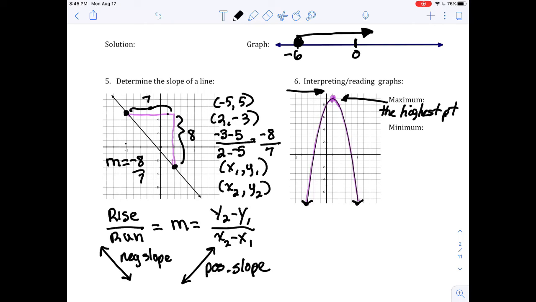Your minimum is your lowest point on a graph. Now, in this particular graph, there is no lowest point because those arrows, which you'll have to add into your graph, indicate that the graph keeps on going in the third quadrant.